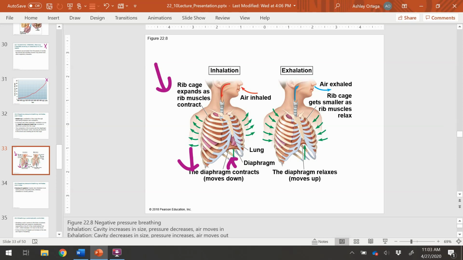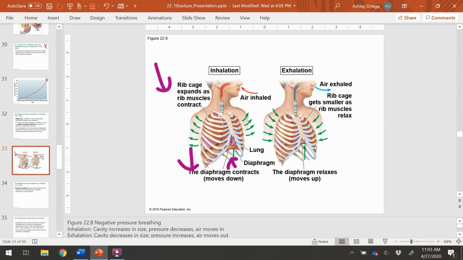As the exhale portion starts, the diaphragm will relax and move upwards. This upward movement will start to push air out, along with the rib cage, which gets smaller as the rib muscles relax. As they relax, it goes back down, like the blinds go back down, and then the air gets exhaled.